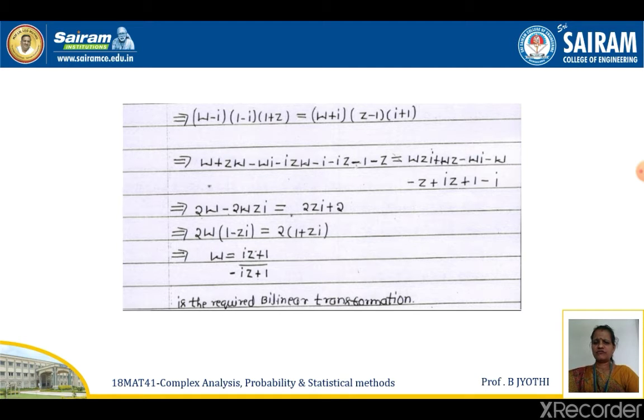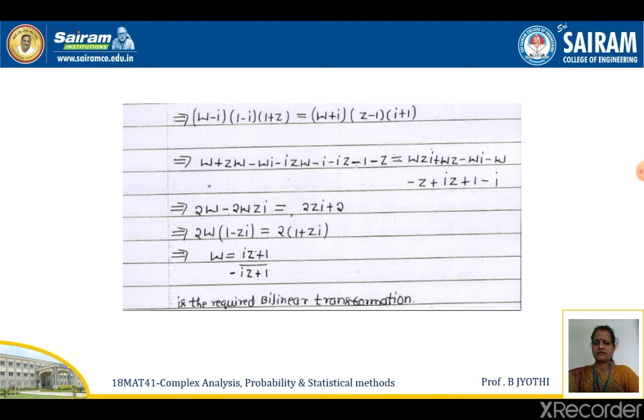When we simplify, what we are getting is 2W minus 2WZi equals 2Zi plus 2. In the left hand side, we can take 2W outside, which gets 1 minus Zi, and in the right hand side we can take 2 outside, so we get 1 plus Zi.